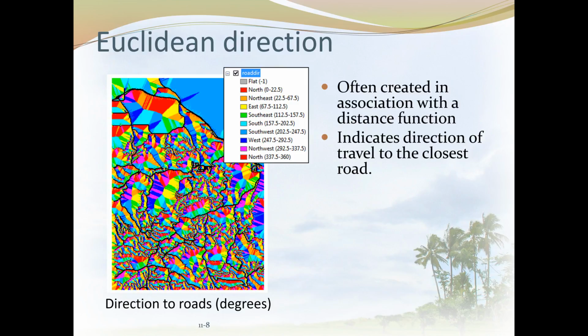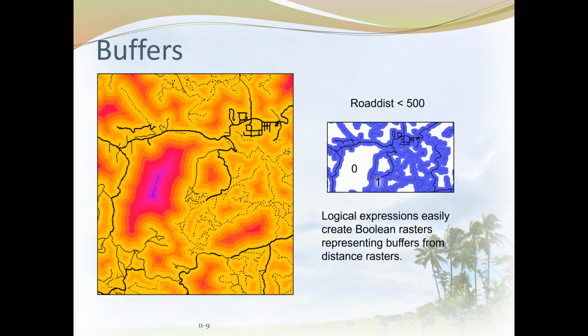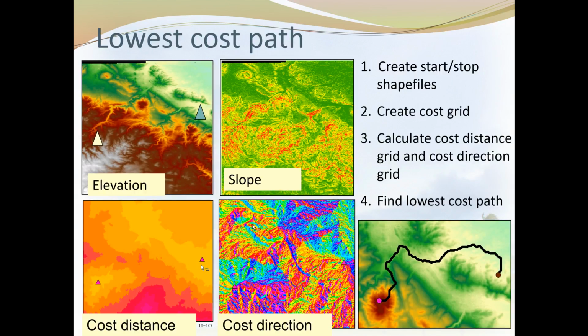It indicates direction of travel to the closest road. For buffers, we already did many times. A logical expression easily creates Boolean rasters representing buffers from distance rasters.